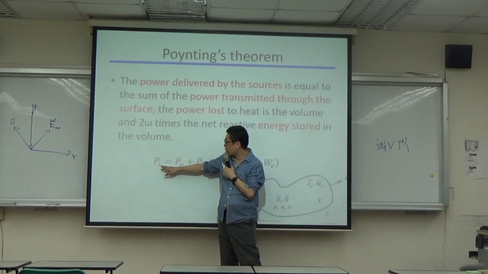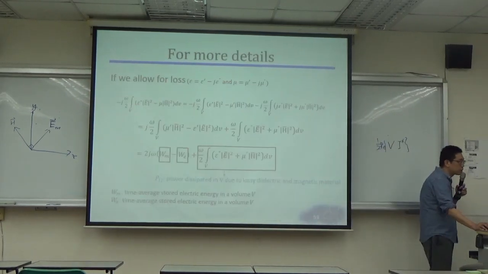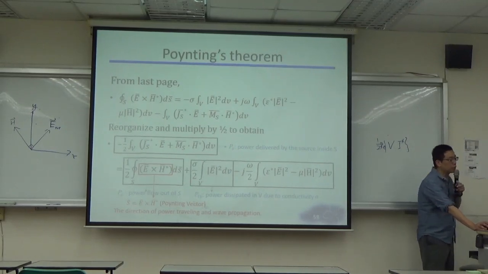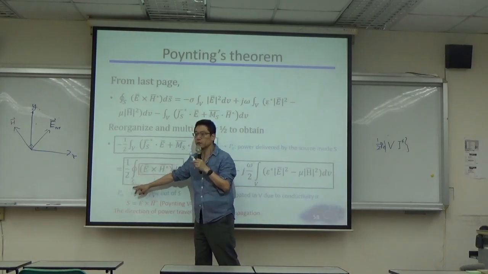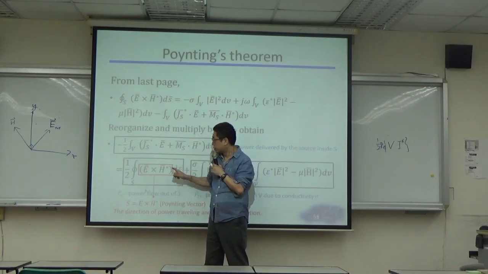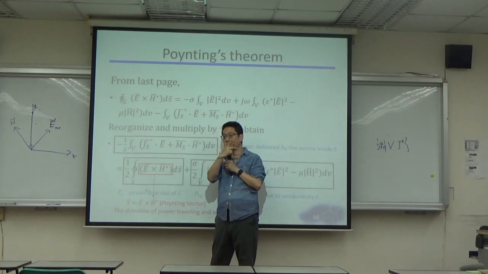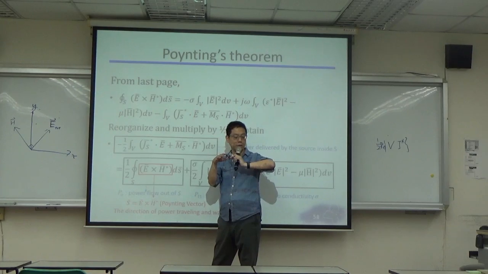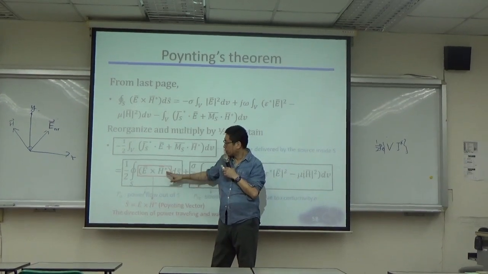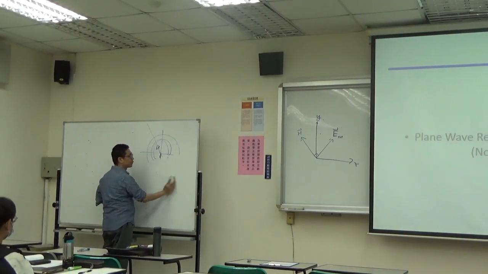The source power and PO are the most important. I want to introduce this vector we call the Poynting vector, the direction of the wave propagating. Okay? We can take a break. This part, as I say, is very important.